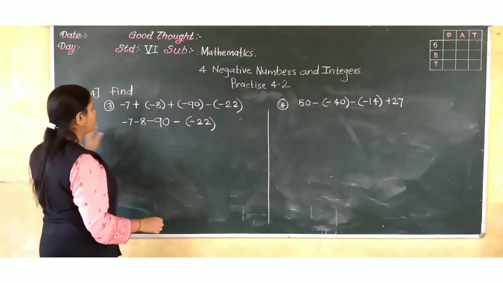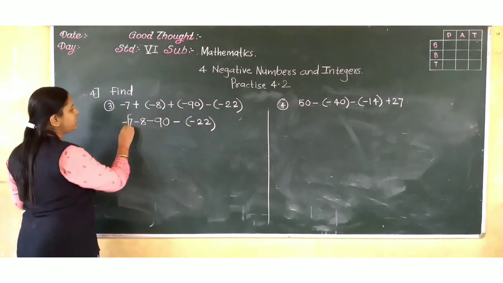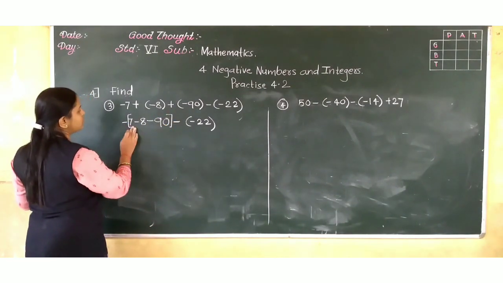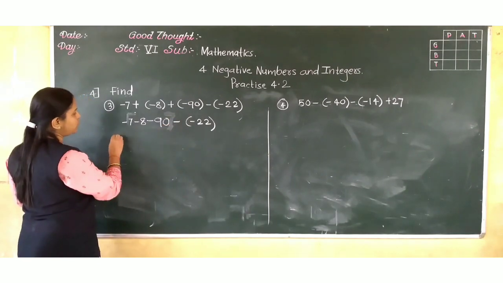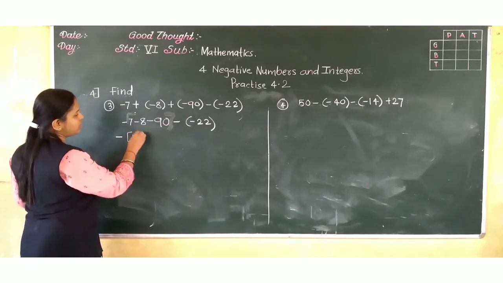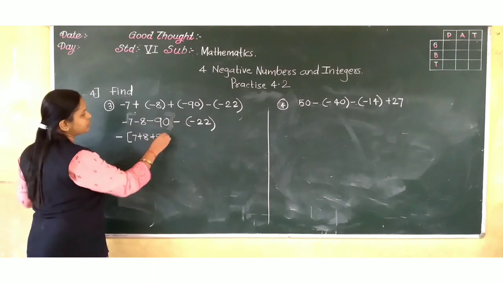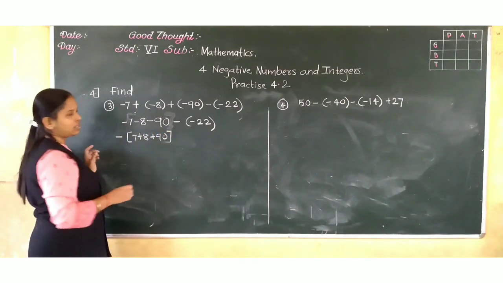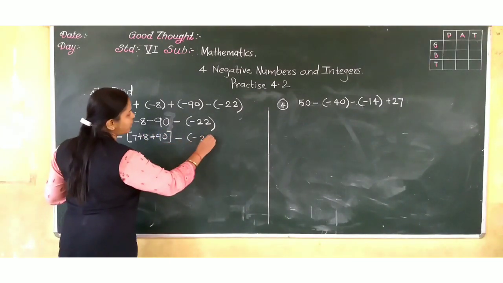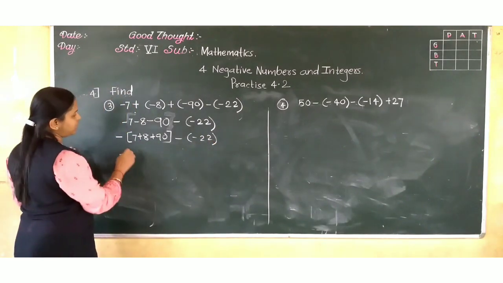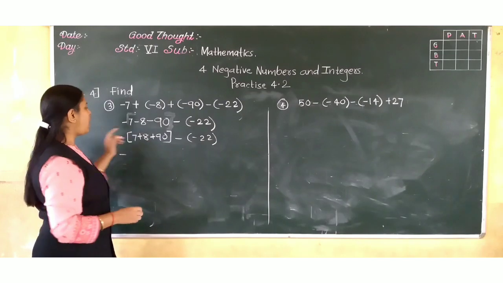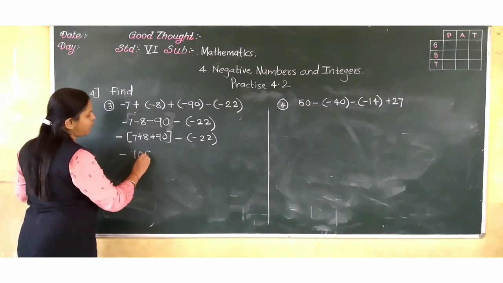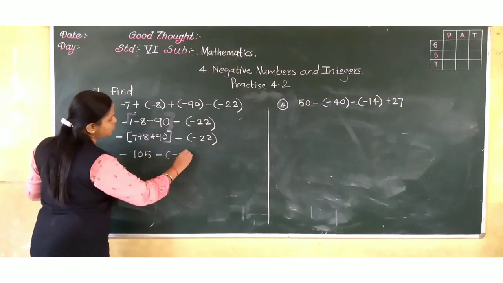Okay. Now see, these all having minus sign. So take it outside and inside it will be plus, then minus of minus 22. So minus, add 8 plus 7, 15 and plus 19 is 34, and this will be minus of minus 22.